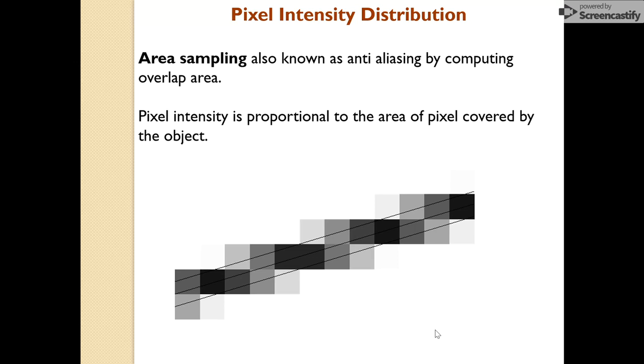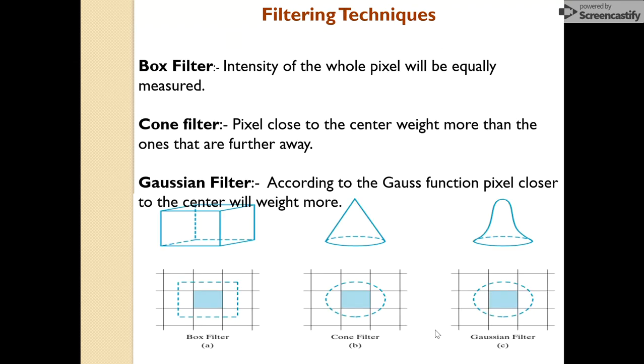Coming to filtering techniques, we have been given some filters such as the box filter, cone filter, and the Gaussian filter. With the box filter, the intensity of the whole pixel is measured equally throughout the box. The box filter is used in unweighted area sampling, where the filter is not ideal as it will make our image blurred.